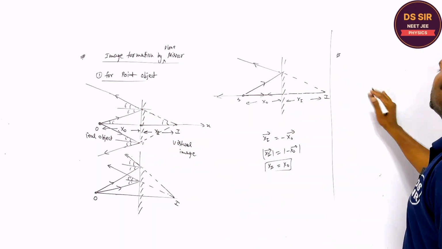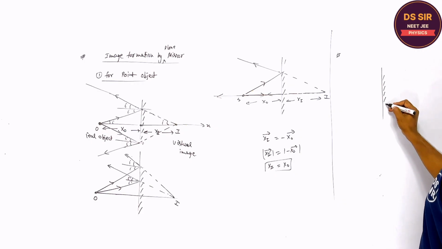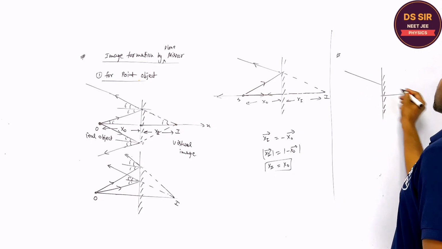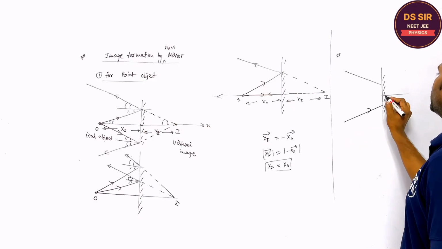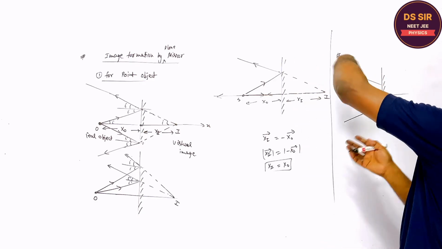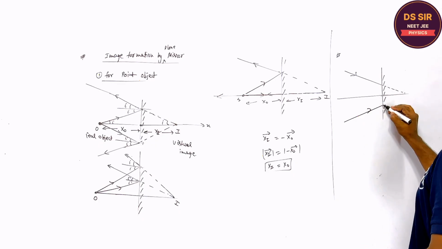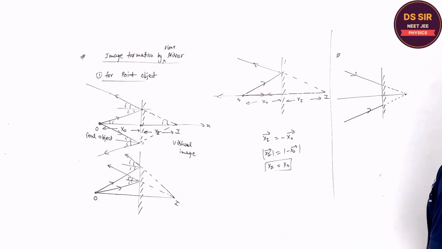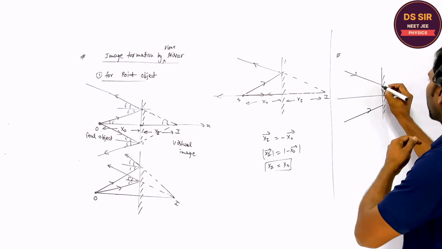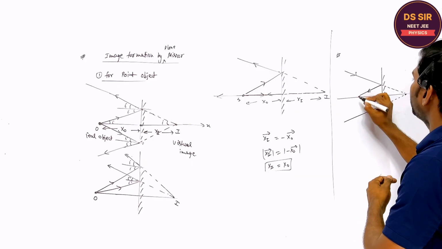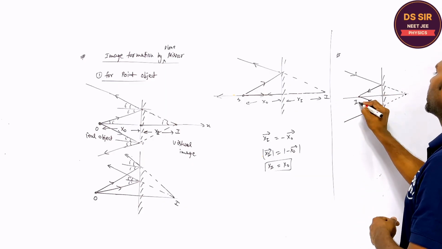Suppose the second case you can consider: if this is the mirror, and the light rays are incident like this, they will appear to meet at this point, right? And therefore after reflection, the reflected light rays are meeting at this point.